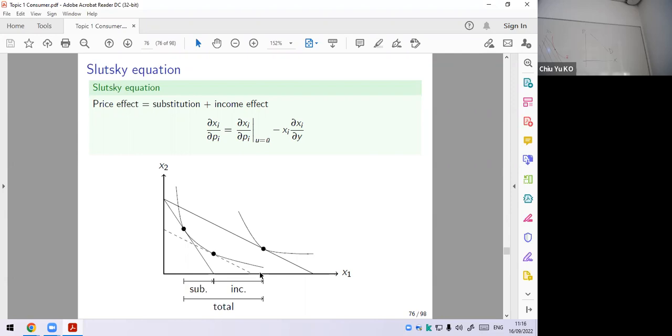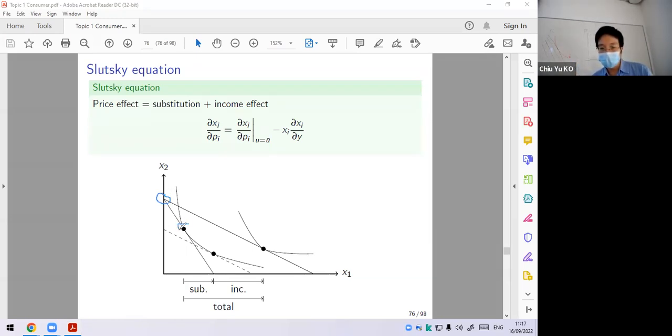Because the price of good two is not changing. Okay, so this you can consume. If you spend all your money on good two, you can still consume it, right? So you can still consume it. Okay.